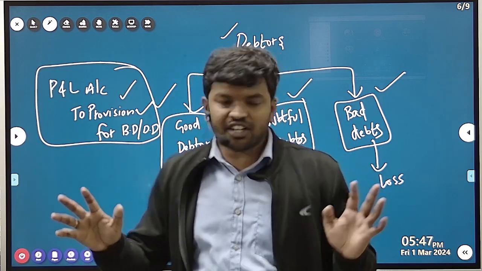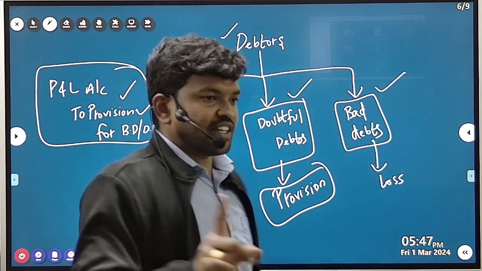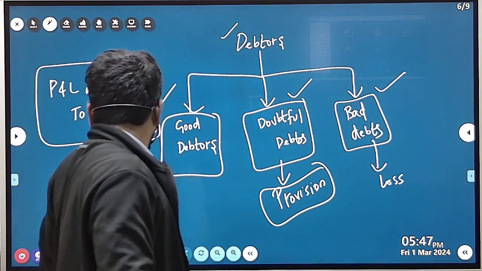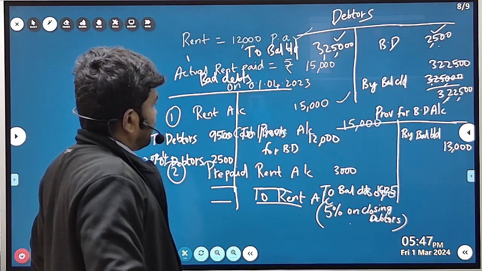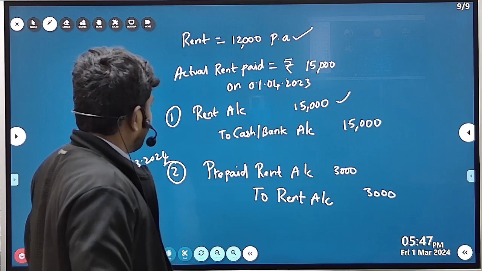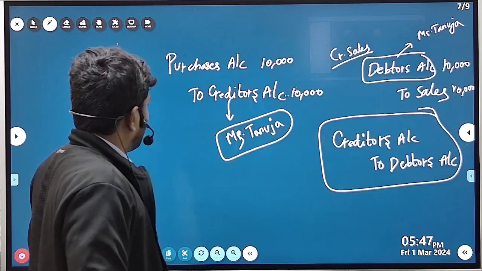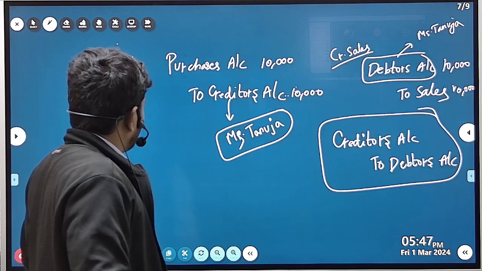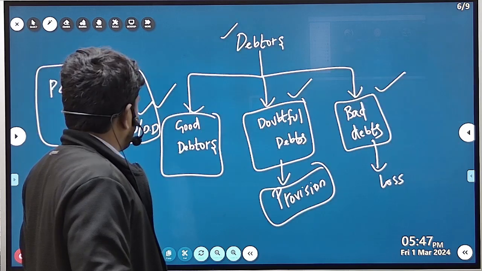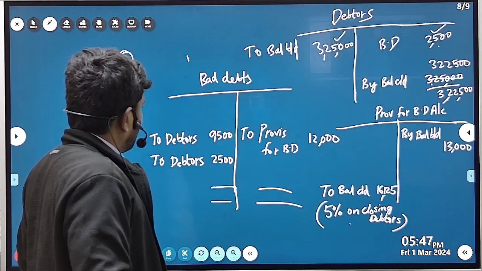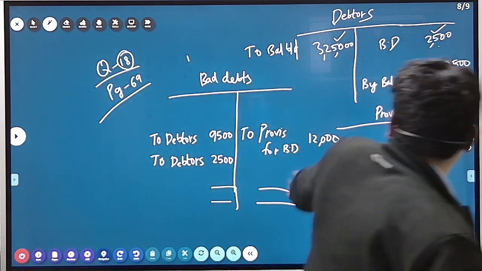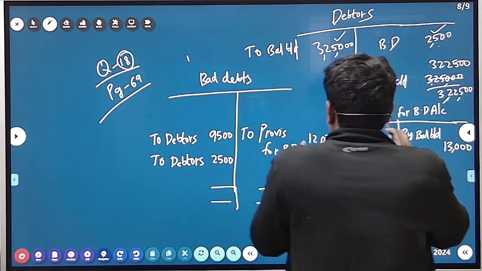Understanding? Any doubt regarding this point? No, sir. Very good. Clear? Now 12,000 you transfer to provision for bad debts.